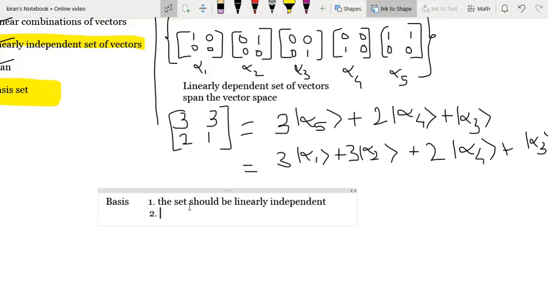And the second requirement is that it should span the vector space. Now let me take this particular set of vectors.